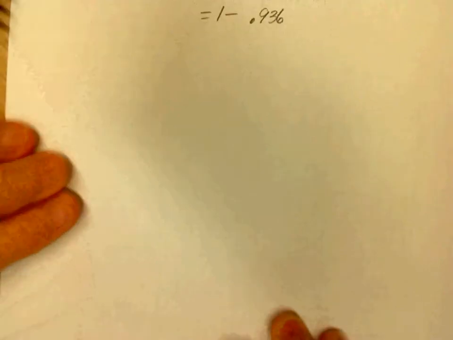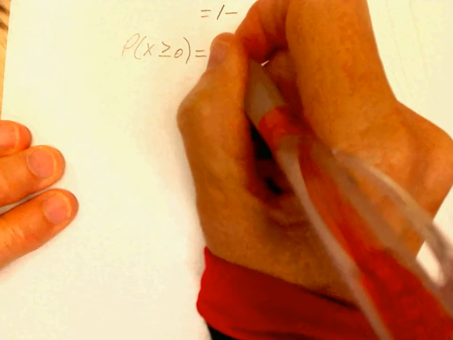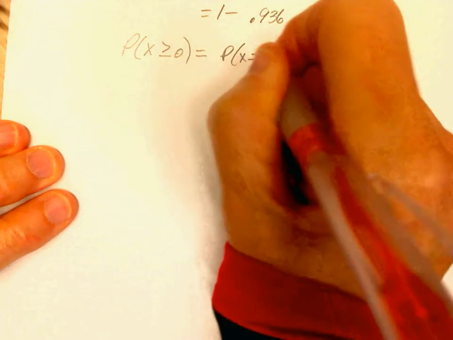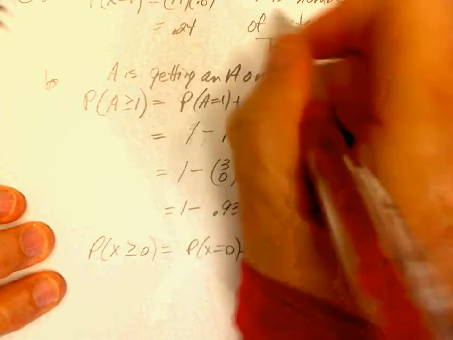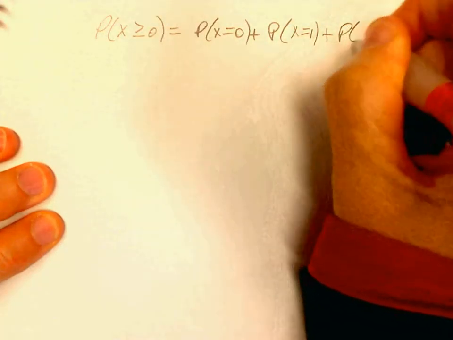Okay. So let's do it the waiting time way. Probability x is greater than or equal to 0 is going to be the probability x equals 0 plus the probability, that's where x is the number of tests before the first A, x equals 1 plus the probability x equals 2.